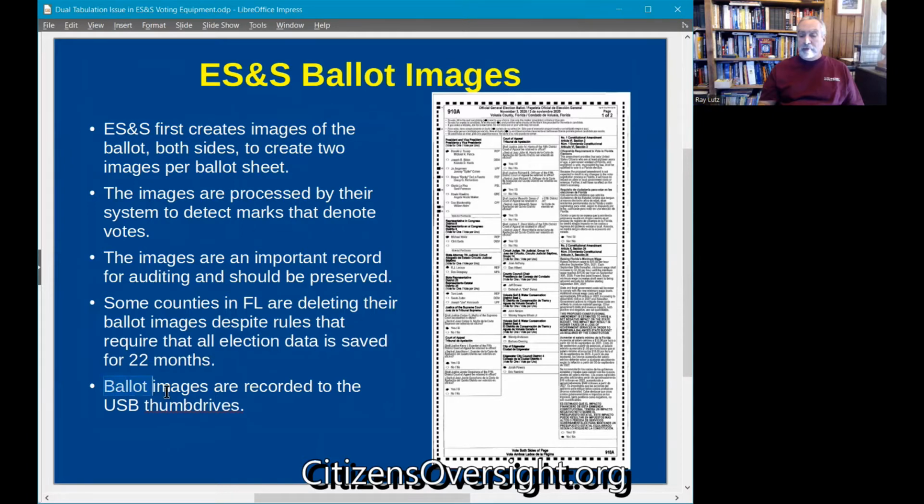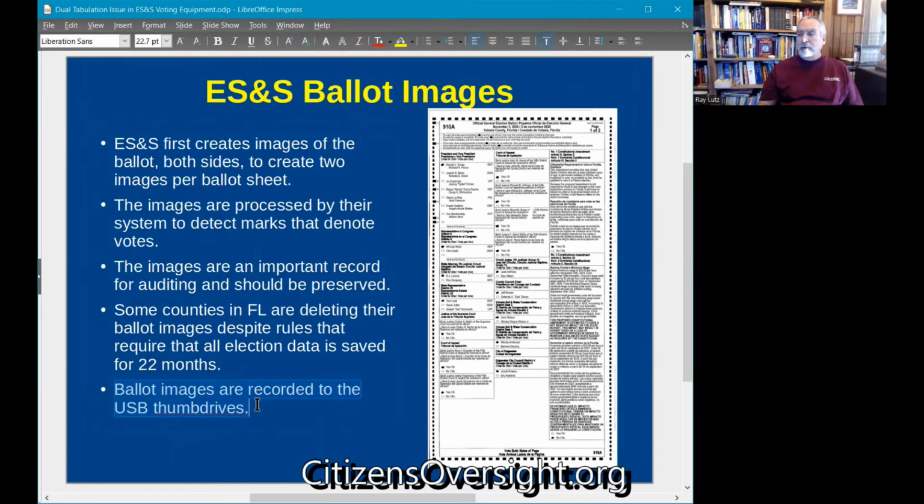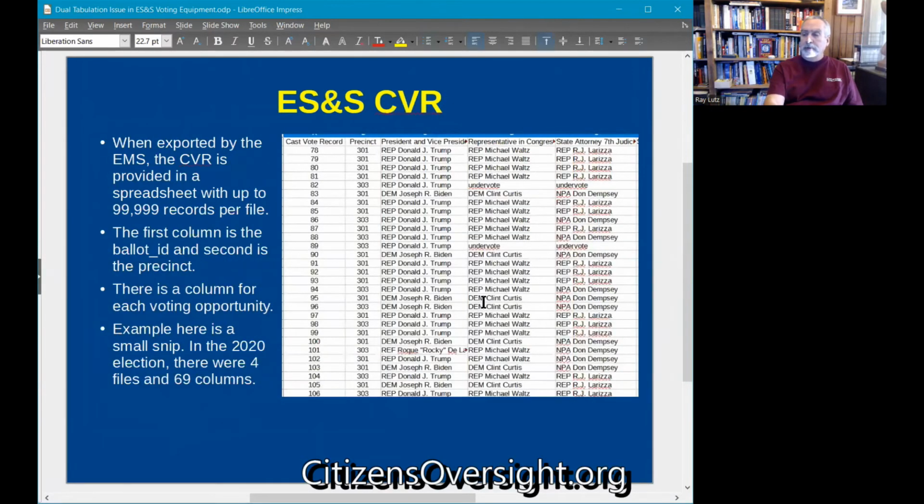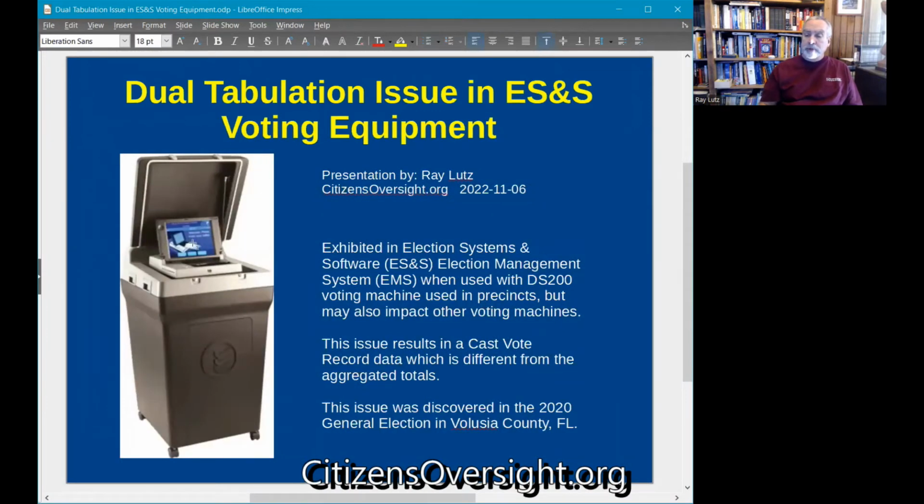The ballot images are recorded to the USB thumb drives. Now, I didn't really go over this, but in this machine, let's go up to that first picture. Underneath this little door right here is a thumb drive, like a USB slot, and you can plug in a thumb drive there, which has up to, in this generation of machine, 4 gigabytes of memory.